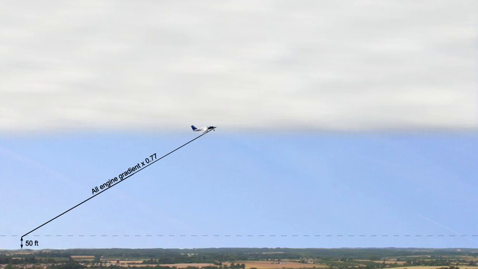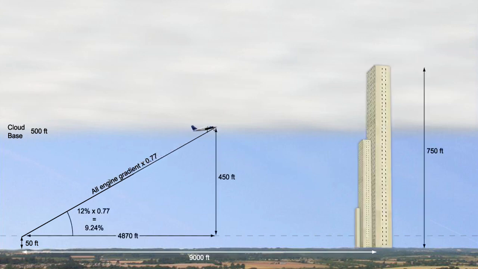What this means is that when the aeroplane enters cloud, the assumed performance must be based on one engine only. In our example, let us assume the cloud base is at 500 feet. The aeroplane will climb at the all-engine gradient multiplied by 0.77 until cloud base is reached as depicted on screen.